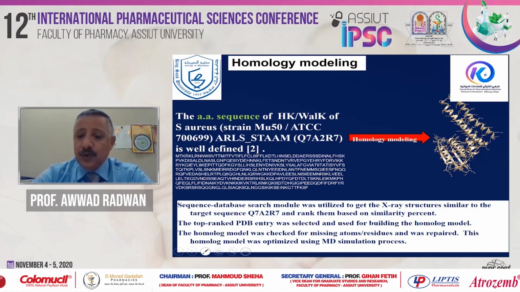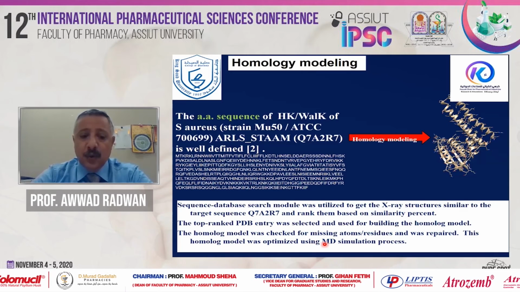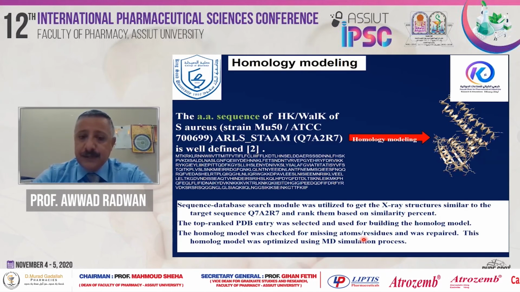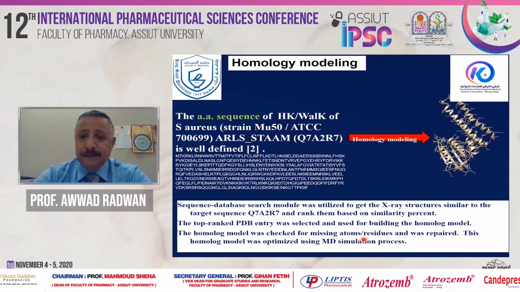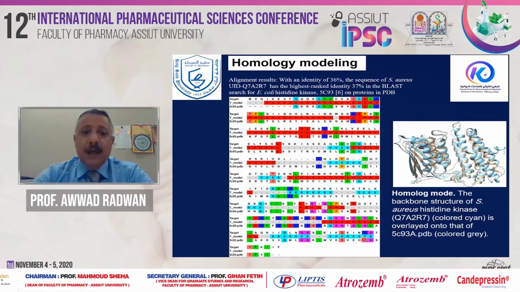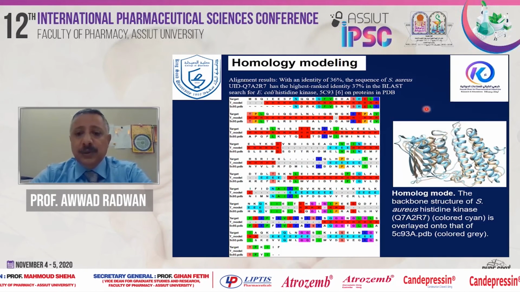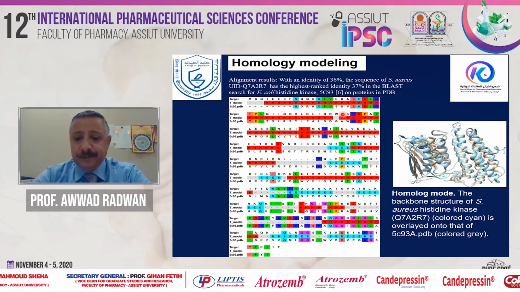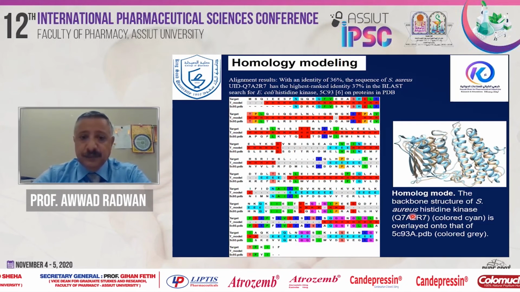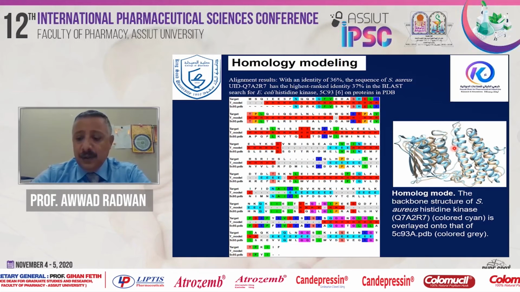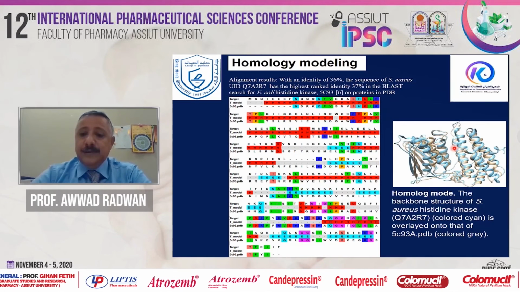This homology model was optimized using an MD simulation process. This is the result of the homology modeling process, the obtained homology model of the histidine kinase WalK of Staph aureus.